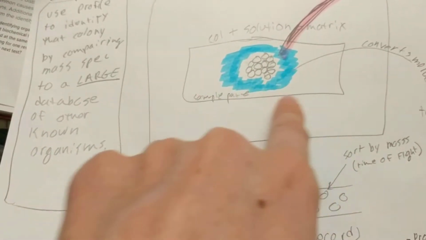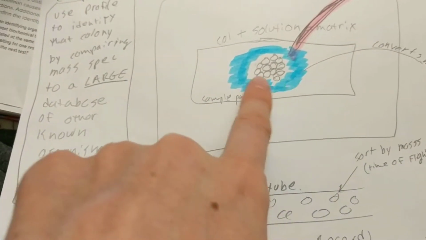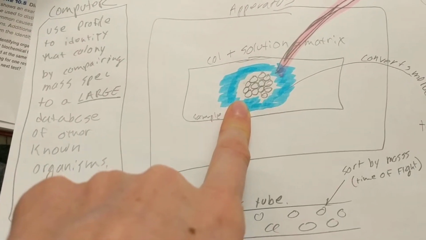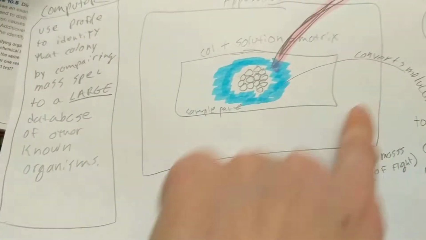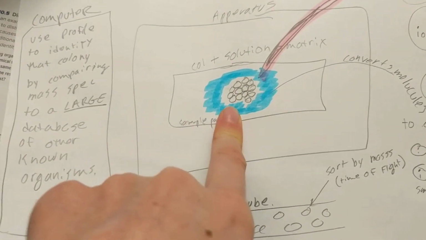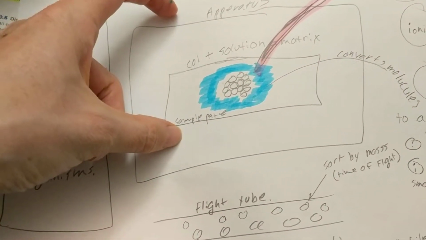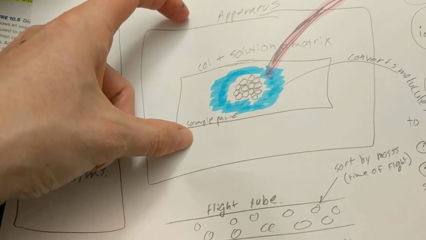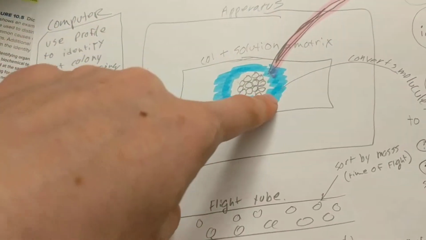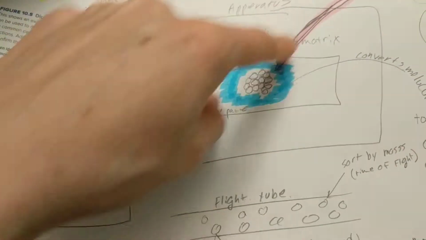The sample plate, so here's my sample plate right here, is then set onto an apparatus. And I just drew a big square because I don't actually know what the apparatus looks like. So once it's set onto that apparatus, that exposes the sample plate to a laser beam. Bam, bam, bam.